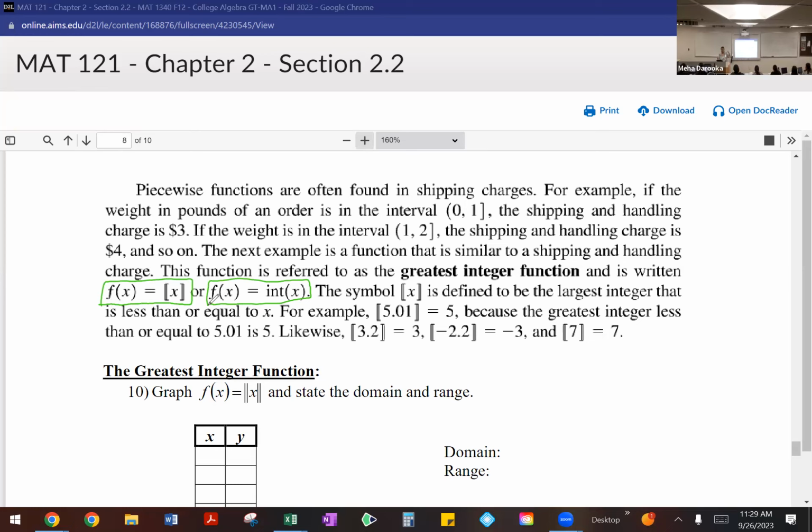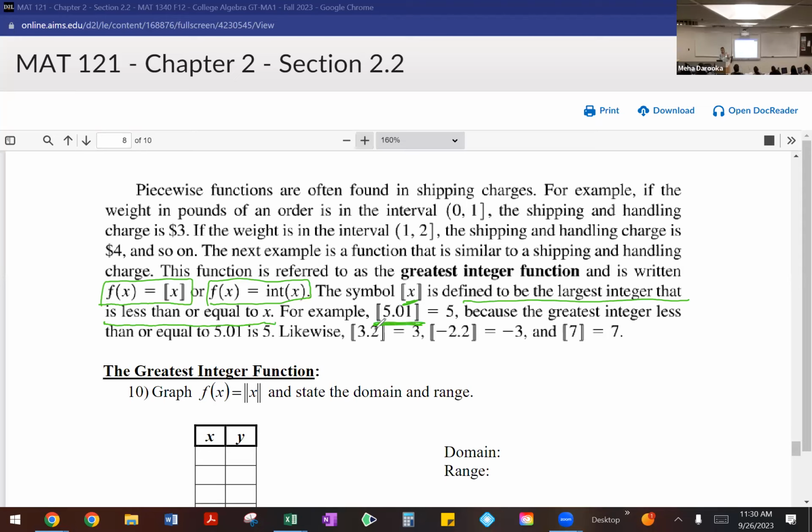Now, the way this symbol is defined is that whatever value x you have in this symbol is defined to be the largest integer that is less than or equal to x. The largest integer that is less than or equal to x. So think about this.